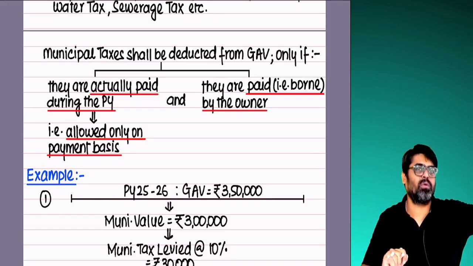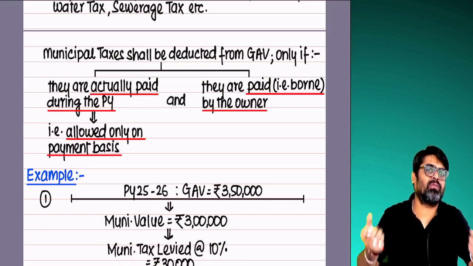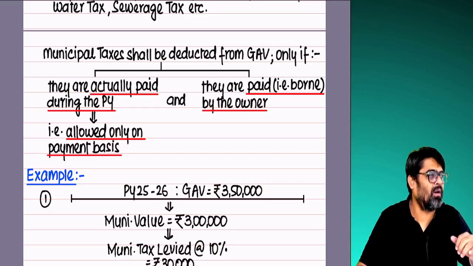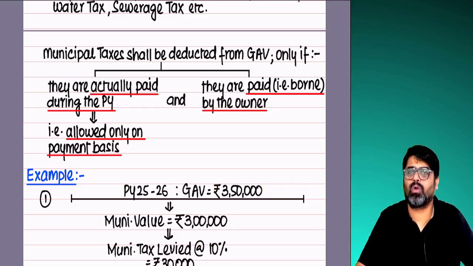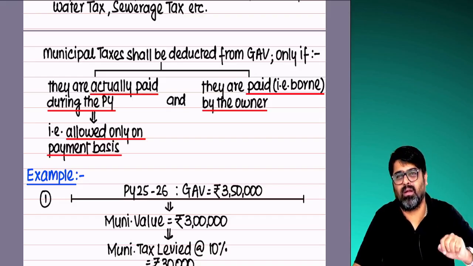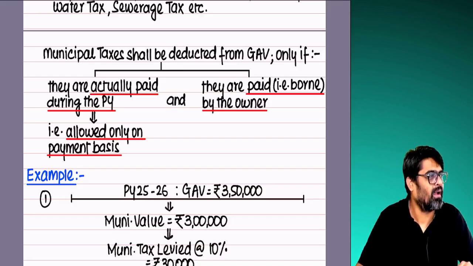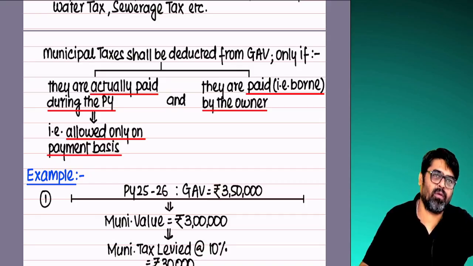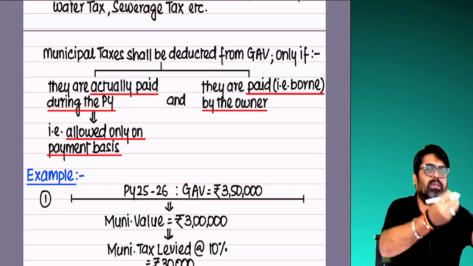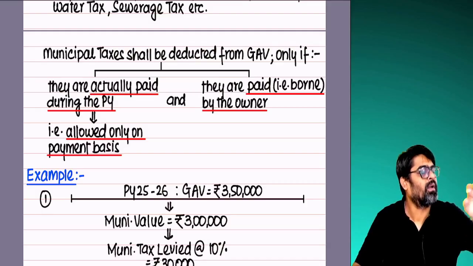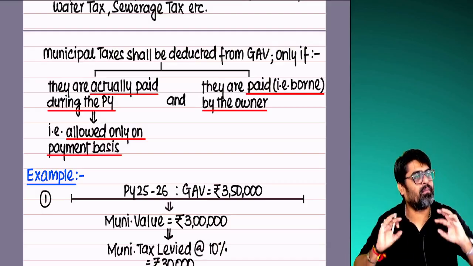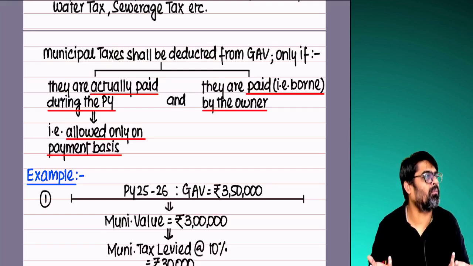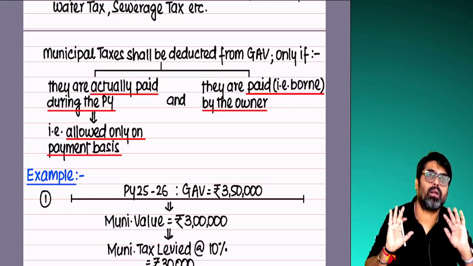Then I will have to go to the municipality to pay my municipal taxes, but I don't have time for the full day, and the due date is coming. I told my tenant, please go now and pay the municipal tax, I will later on reimburse. So my tenant, that poor fellow, went and paid the municipal taxes. Whatever municipal taxes he paid, I reimbursed that amount to him. Is it paid by my tenant or by me? Paid by me only, because the burden falls on my pocket. Later on I have reimbursed.